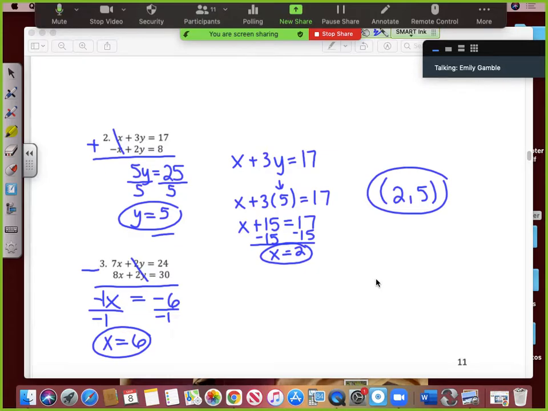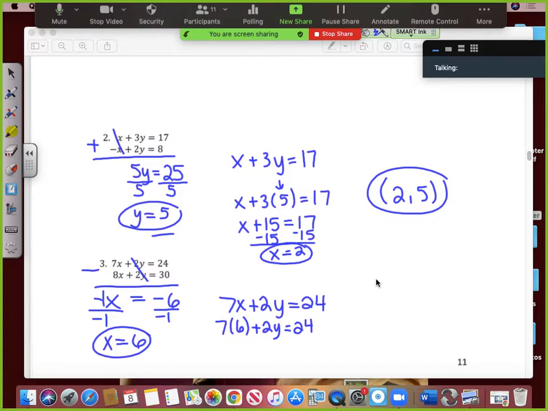And then you can solve for y. I'll use the first one again. 7x plus 2y equals 24. I know that x is equal to 6. I'm going to put a 6 here for x. Okay, and then we would solve. 7 times 6 is 42. Then you would subtract 42 from both sides and divide by 2.